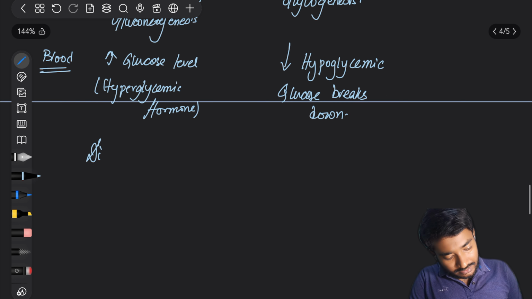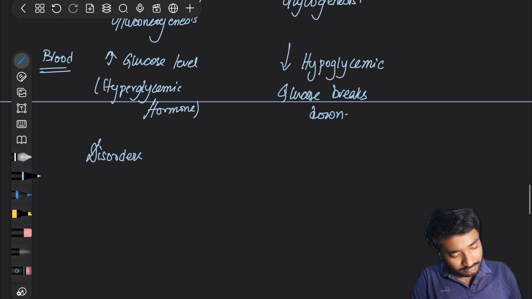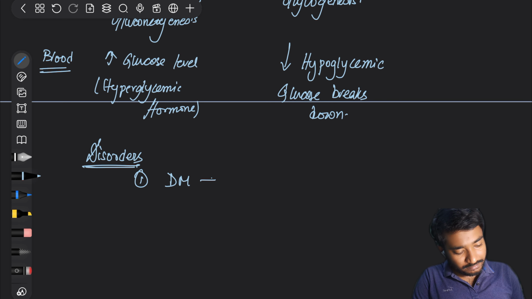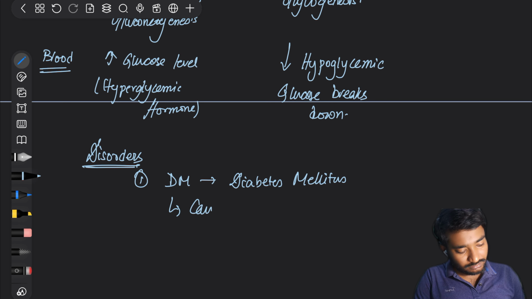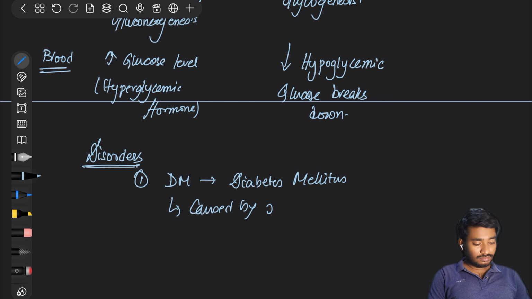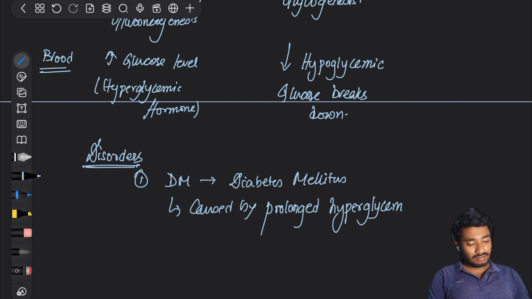Disorders. The first is DM, diabetes mellitus, which can be caused by prolonged hyperglycemia.